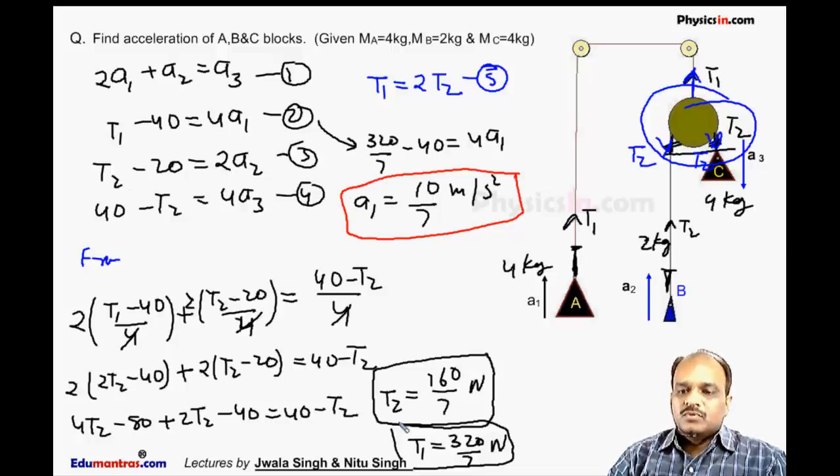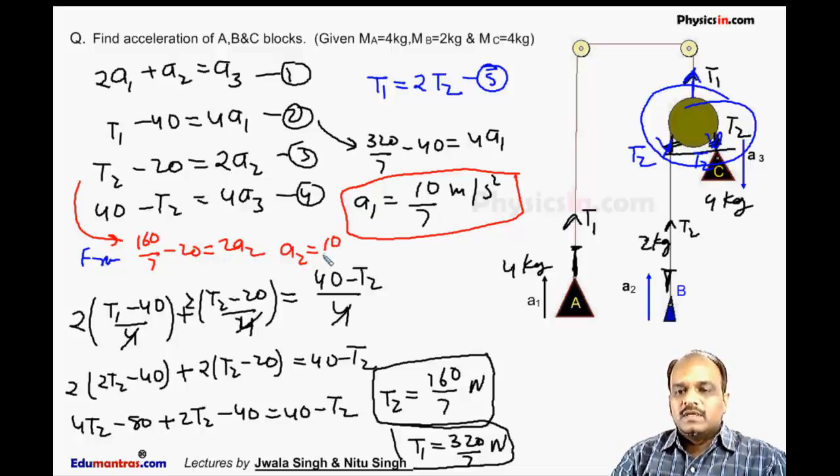In the same way, if I substitute the value of T2 here, it is 160 by 7, then from the second equation we get 160 by 7 minus 20 is equal to 2A2. So A2 comes out to be 160 minus 140 by 7, that is 20 by 7, divided by 2 is 10 by 7 meter per second square.